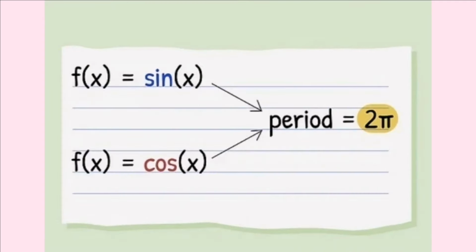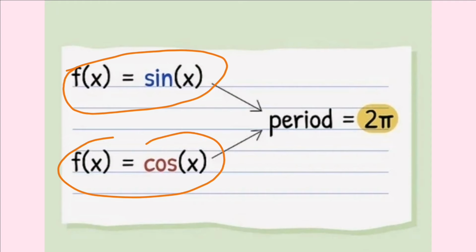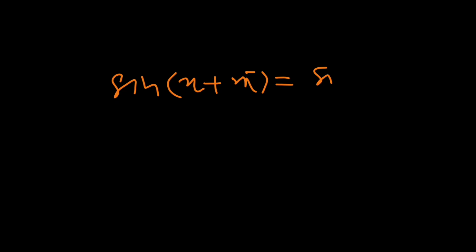Now, what is the period of the sine and cos function? The basic period of the sine function and cos function is 2 pi. This means sin(x + 2 pi) will be equal to sin x.